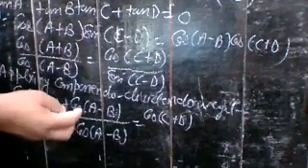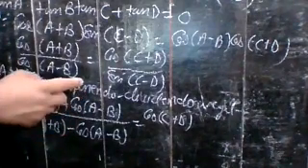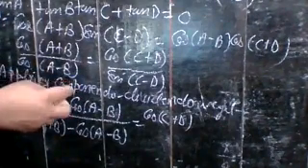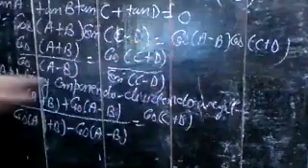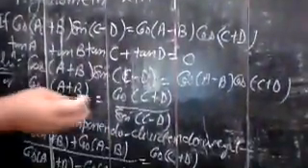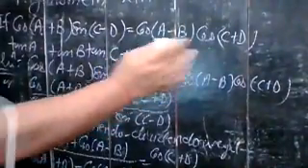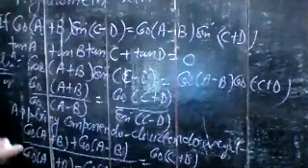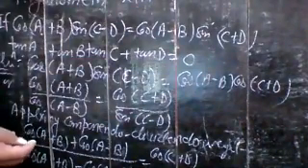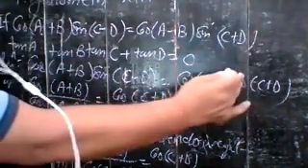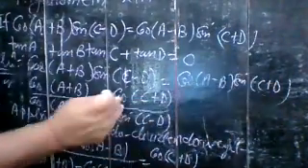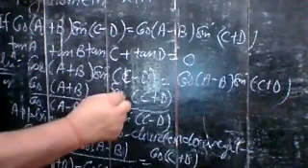Just wait. Here you have a term of sine. Something is wrong here, so first make a correction. Cos(A−B) into sin(C+D): it is sine here, not cos.